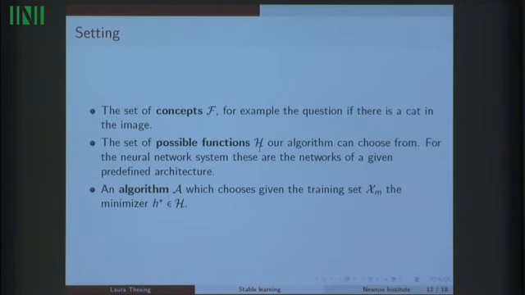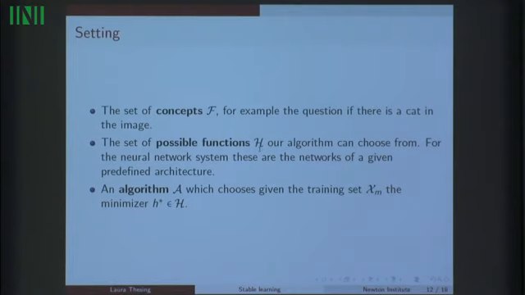And therefore, I would like to introduce now the framework, so that we maybe find, from our mathematical point of view, some underpinning for getting this work further. And therefore, I would like to remind you again of the notation. We have this set of concepts F, which are the concepts or labeling functions, for example, if there's a cat in the image, the classic.